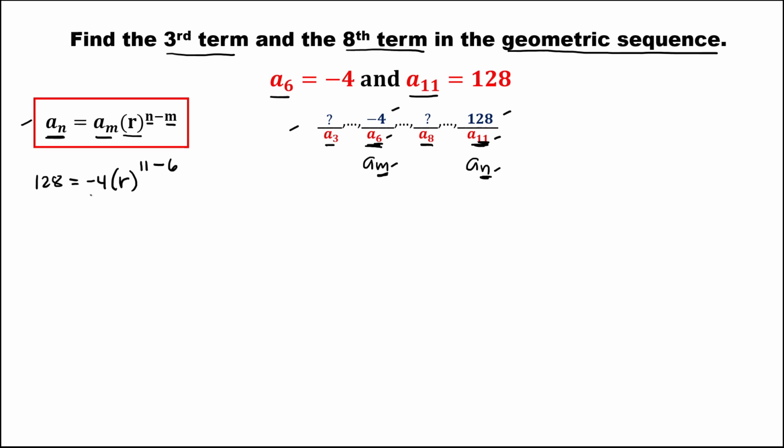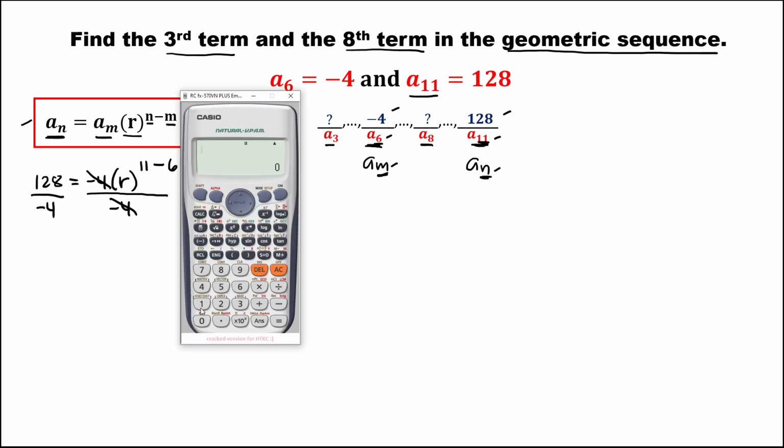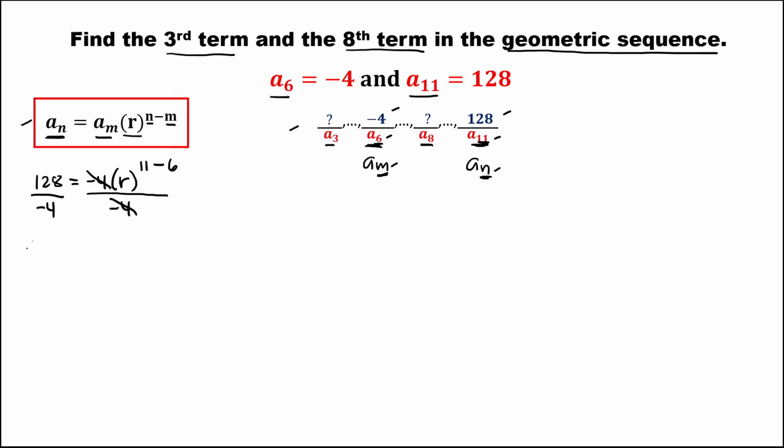To simplify, we need to divide both sides by negative 4 to cancel it. So we have 128 divided by negative 4, which equals negative 32. So negative 32 equals the common ratio to the power 11 minus 6.